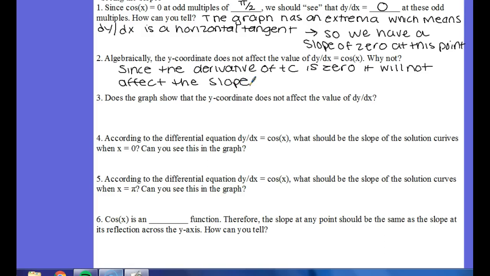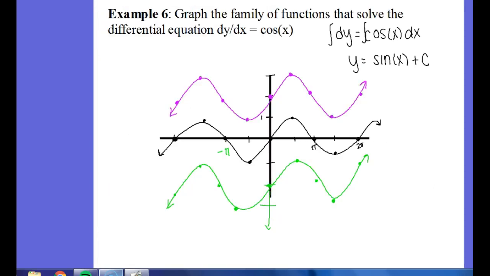Does the graph show that the y-coordinate does not affect the value of dy dx? Would you say that you could look at my graph and know that is true? What do all of those graphs look like at every point? Would you say that the slope at these 3 points is the same? Even though the graph has moved up and down, all of the slopes are the same.